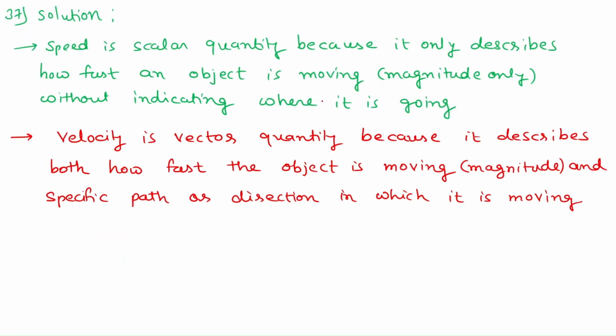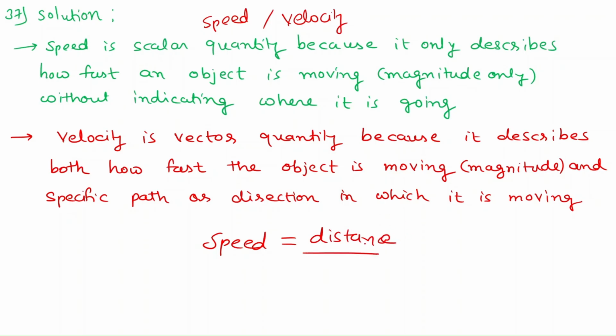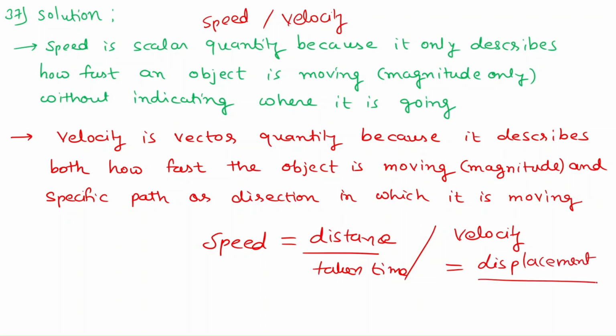For that, we have to go into the definition of speed and velocity. Speed, which we will see in the kinematics part, is defined as the distance traveled by an object upon the time taken. On the other hand, velocity is given as the displacement of an object upon the time taken.